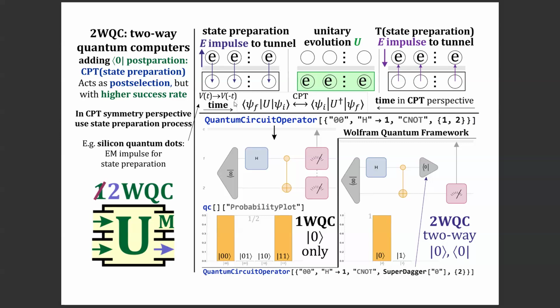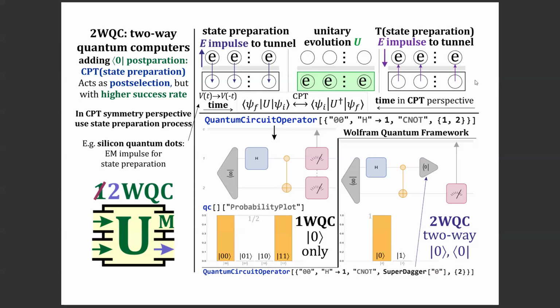What can be used there is the EM impulses, which are used in quantum dot-based processors, for example. And then in the middle, we are applying a unitary evolution of the state. And on the right, we are utilizing the time symmetric approach.